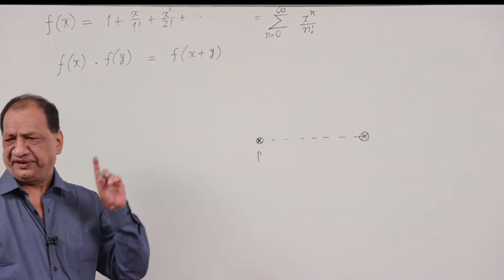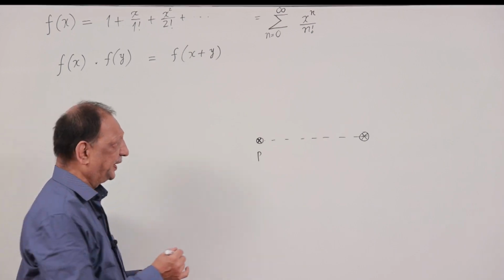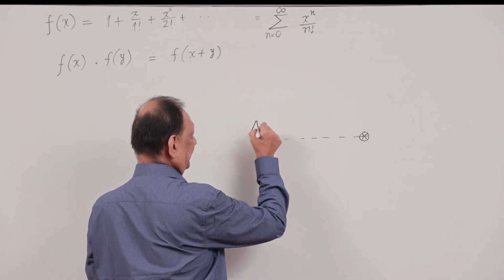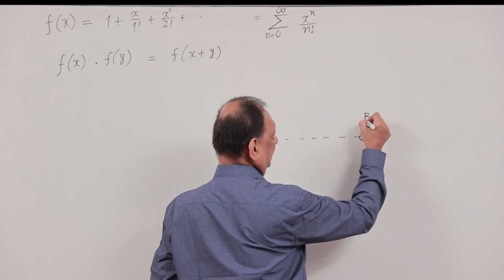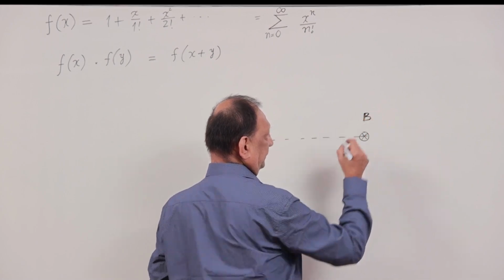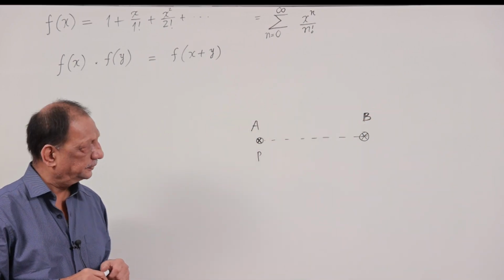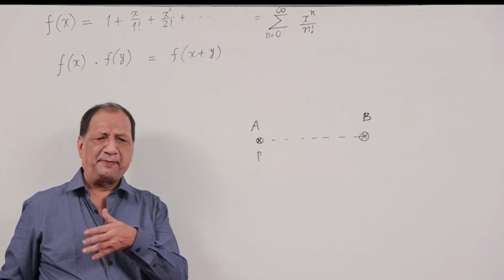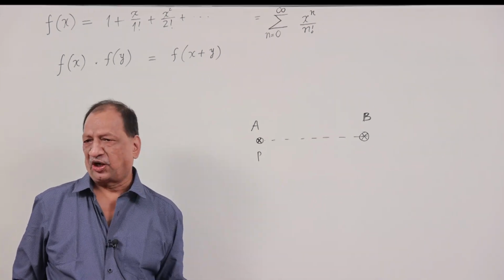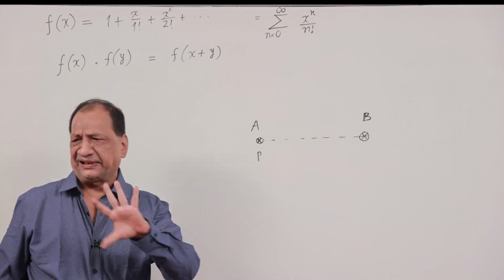Point A to point B. That is the intention. Very simple. Now, this is like a race between the rabbit and, you remember, the tortoise. It's like a tortoise, actually.